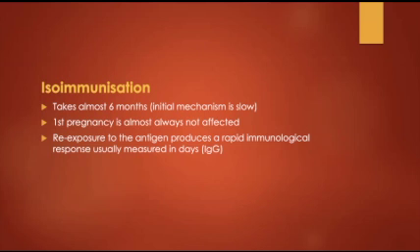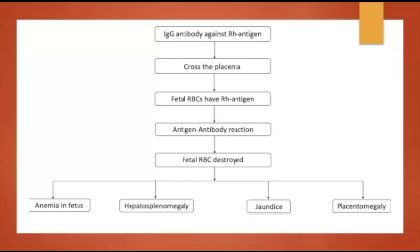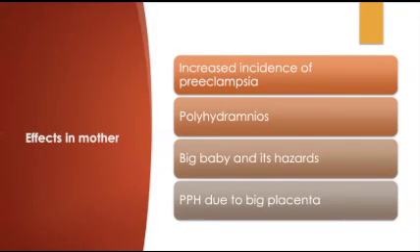On re-exposure to the antigen, a rapid immunological response occurs, usually measured in days. So if antibodies cross the placenta, fetal erythrocytes start to be destroyed and can cause hemolytic disease in the fetus. It can cause anemia in the fetus, hepatosplenomegaly, jaundice, and placentomegaly, and we will talk about it today.